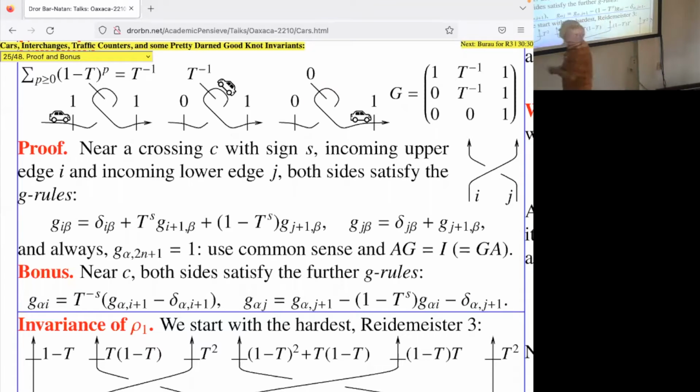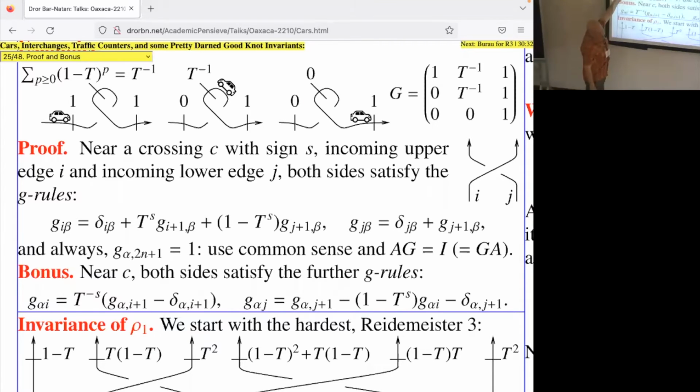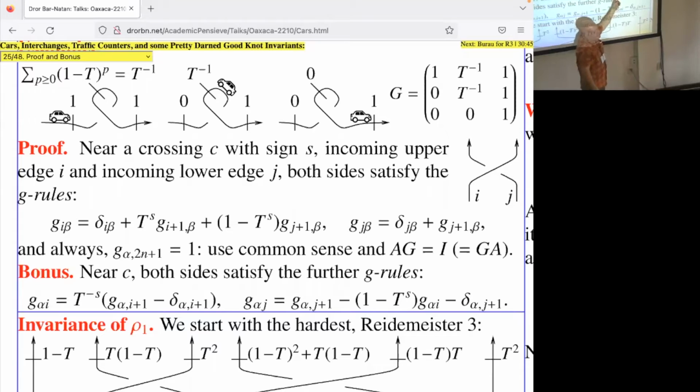So the traffic matrix satisfies this rule, but this rule is also the fact that A times the Green matrix is the identity, which is the fact that the Green function is the inverse of A. I'll call this the G rules.